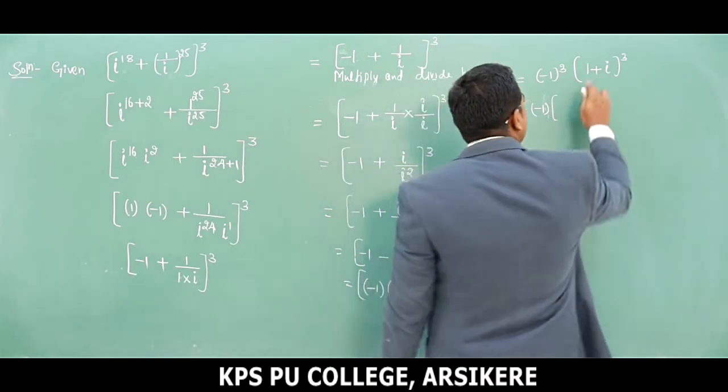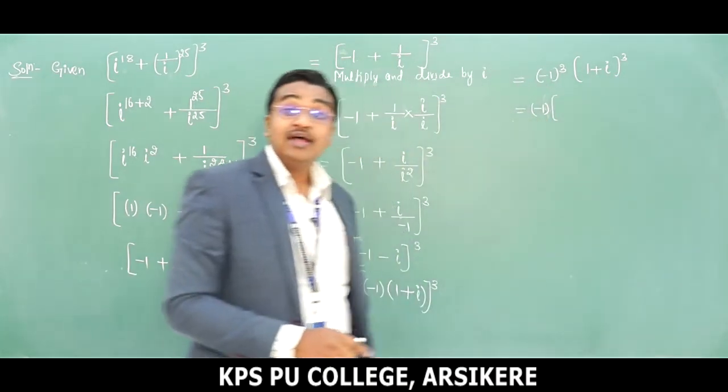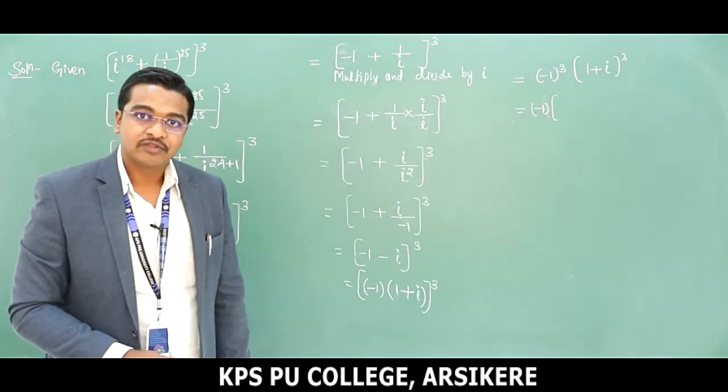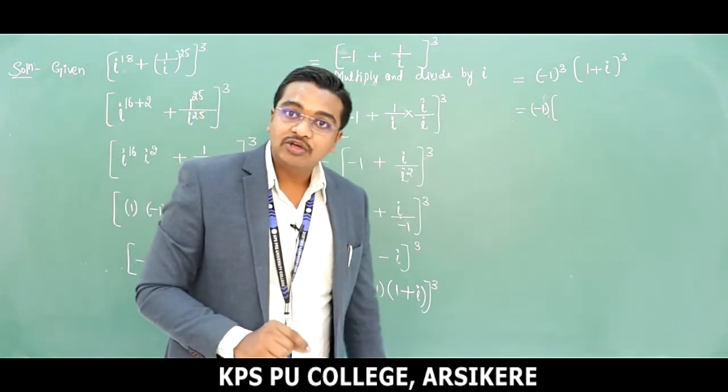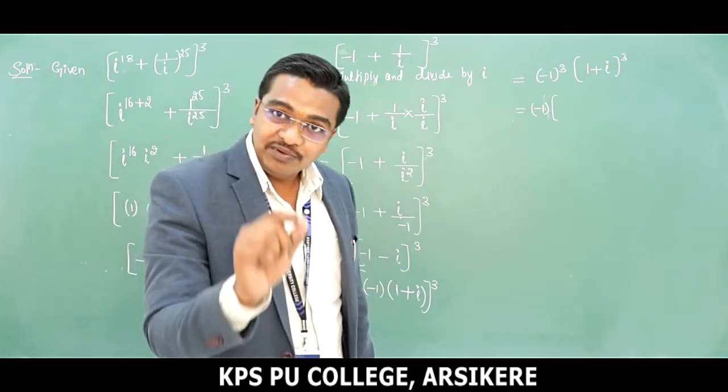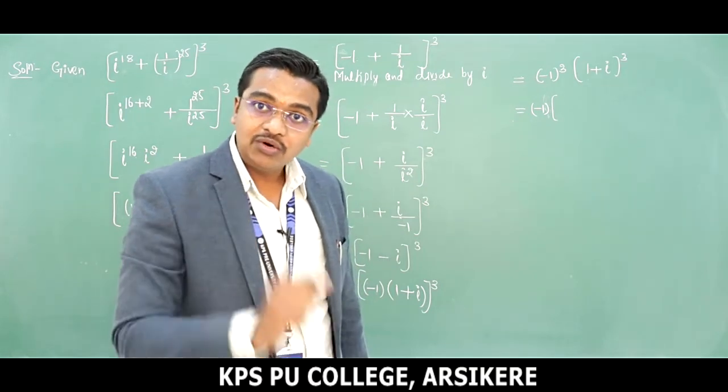So let us expand this term using the formula a plus b whole cube. So what is the formula? a plus b whole cube is equal to a cube plus b cube plus 3ab into a plus b.